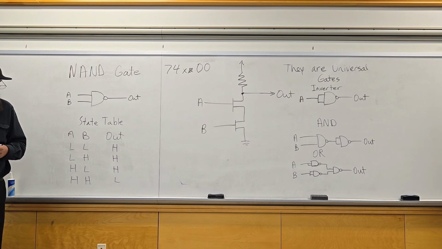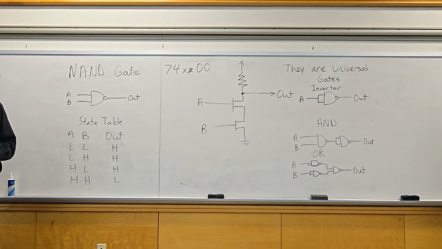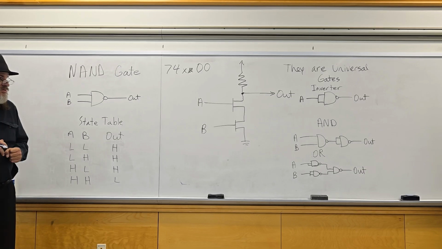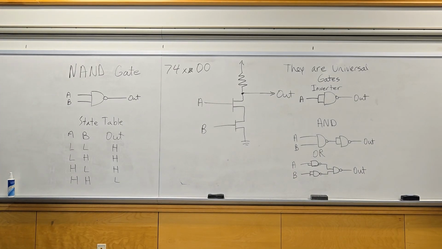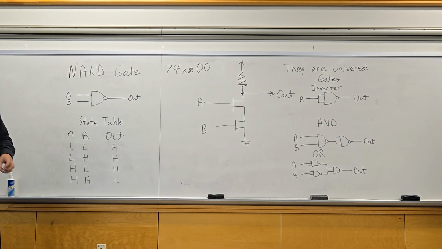So you can use two NAND gates as inverters on the two inputs of a NAND gate and create an OR gate. And from the inverter and OR, you can create any logic circuit. Therefore, you can create any logic circuit with just NAND gates, thereby making it a universal gate.